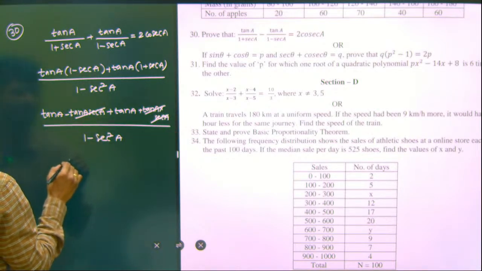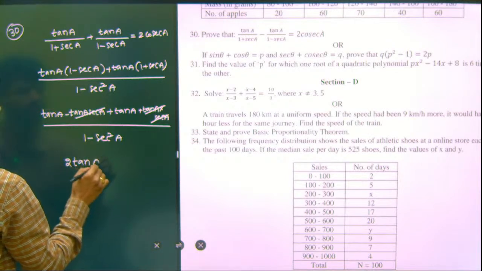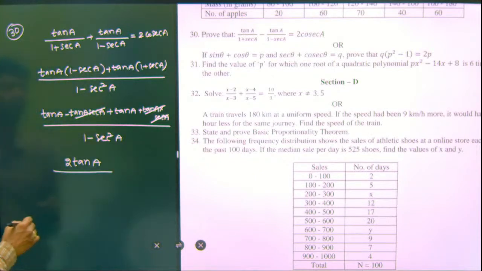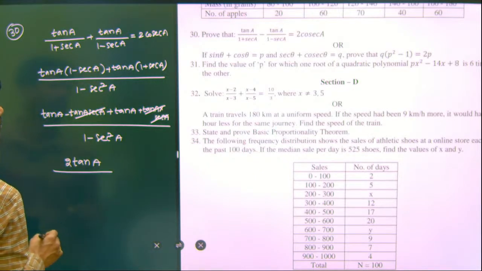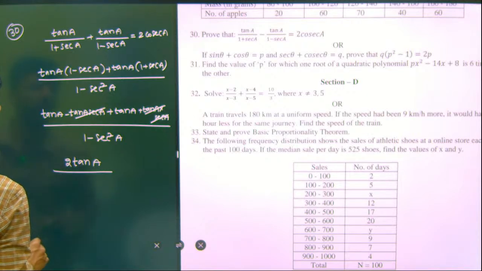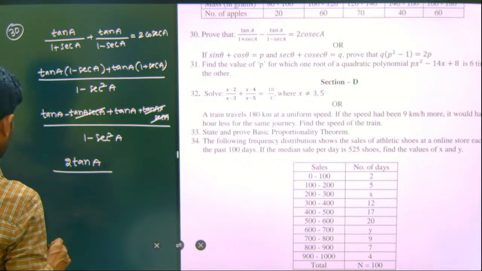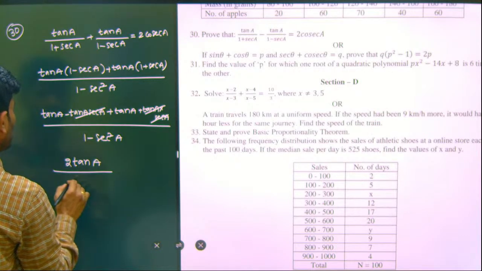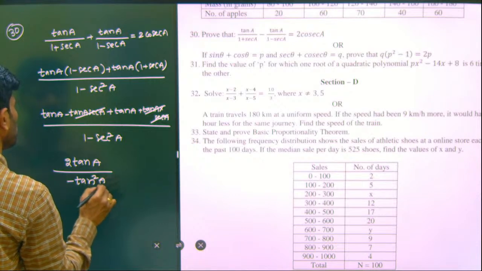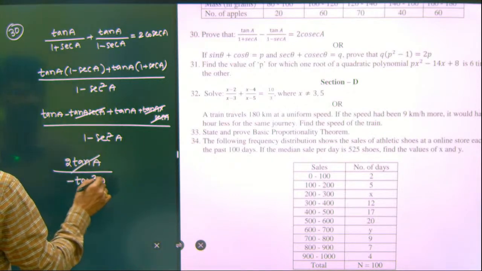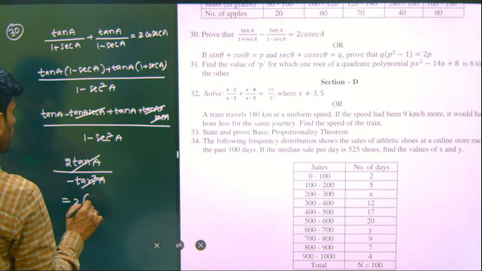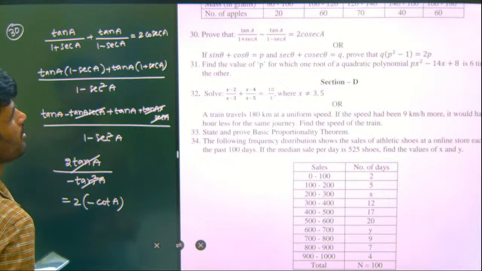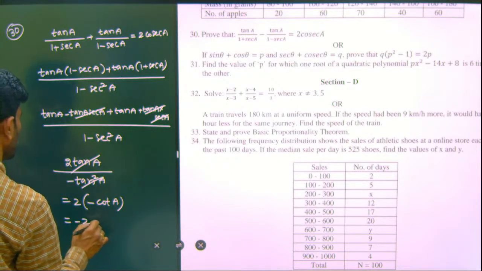We have tan A plus tan A, 2 tan A, by 1 minus secant square A. 1 minus secant square A is minus tan square A. So one tan A we can cancel. We are getting 2 into minus cot A, that is minus 2 cot A.